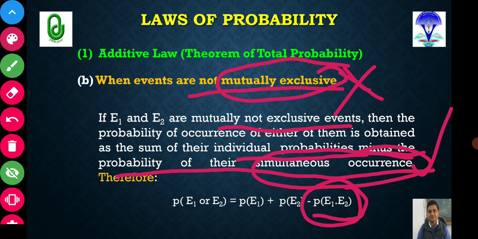So whenever the events are mutually not exclusive, then the formula will be P(E1) plus P(E2) minus P(E1 ∩ E2). That means the simultaneous occurrence of the events will be subtracted from the sum of individual occurrences of these two events.